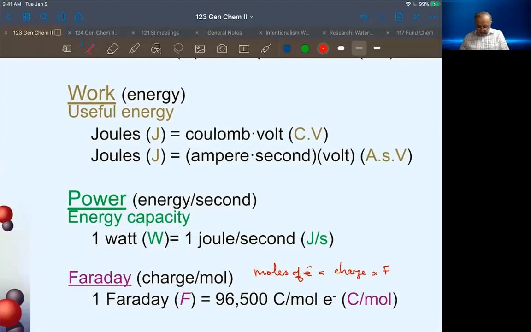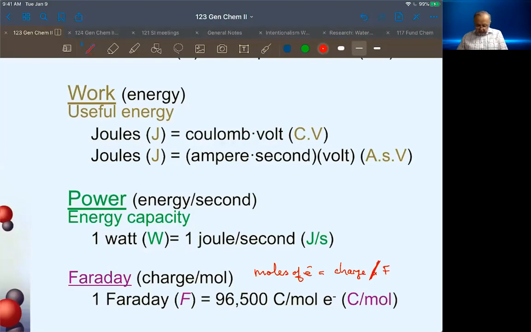Is it right? No, excuse me. Let me check. Coulombs per mole. So this is Faraday's coulombs per mole. This is mole. So no, you have to divide it by the Faraday constant, and then you can calculate how much charge is being produced.